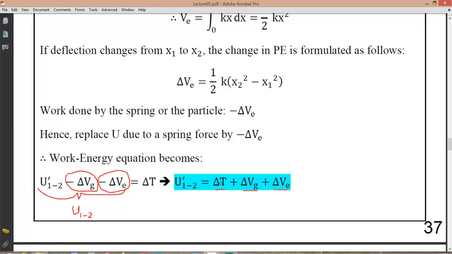So here we have a new equation that we can work with.